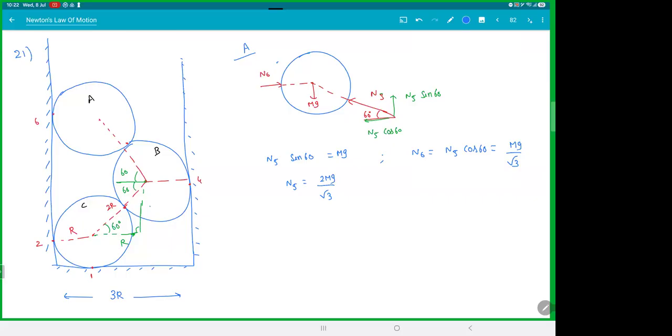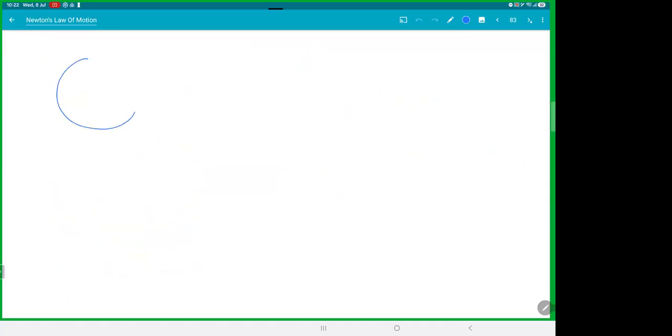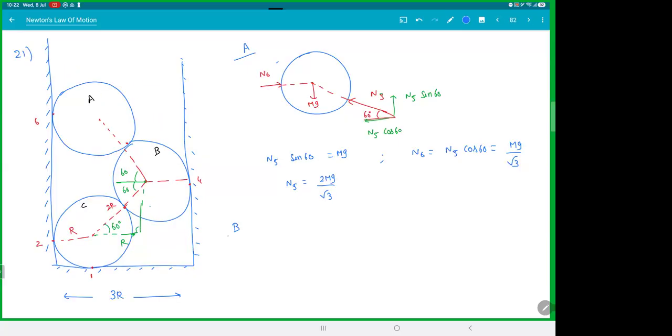Perfect. Then I can take B, or I can take A, or I can take A and B actually. I can take B. Let's keep your life simple. This we saw in A. This would be N4.